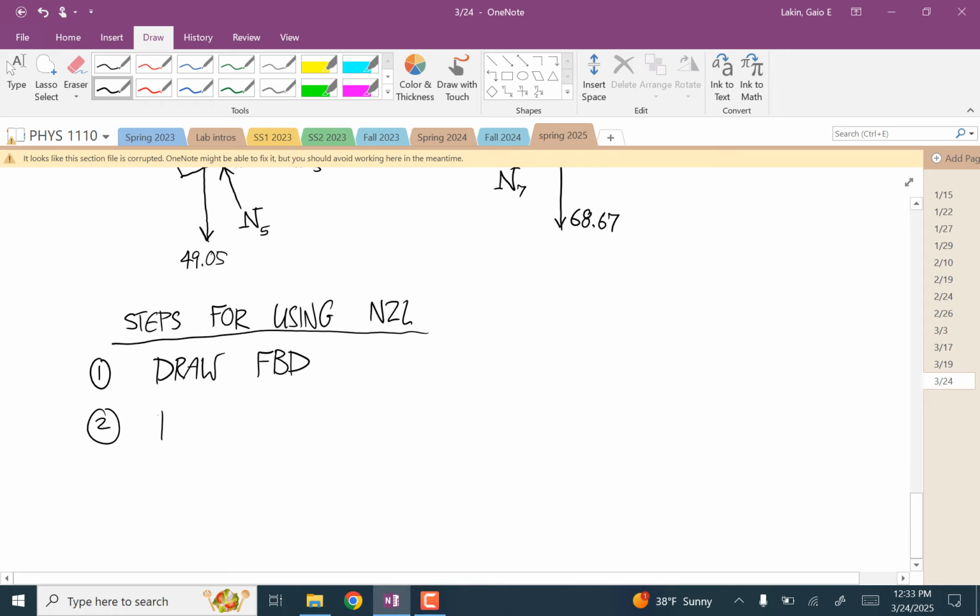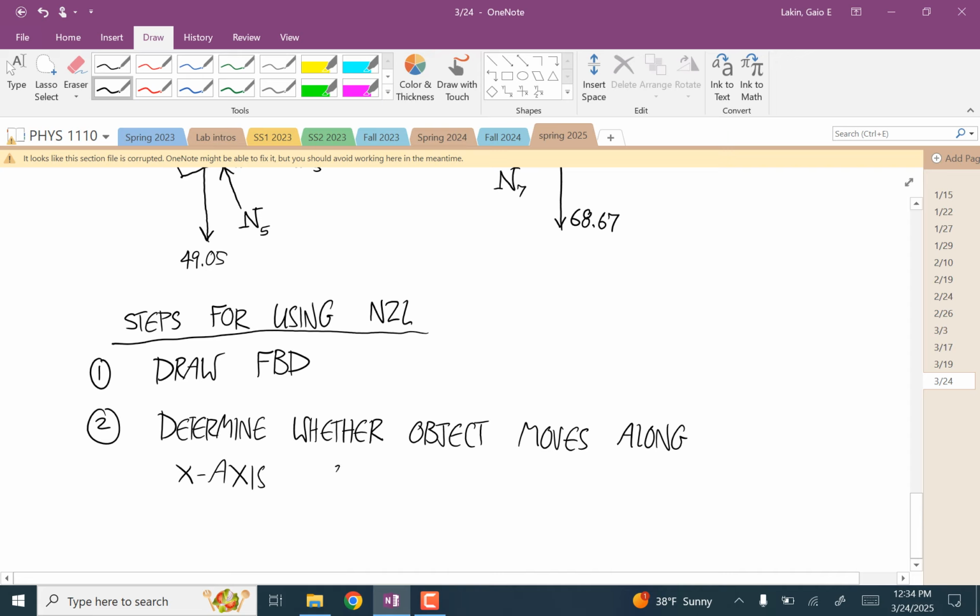So determine whether the object is free to move along the x-axis or the y-axis.